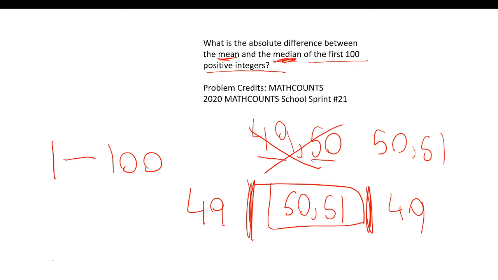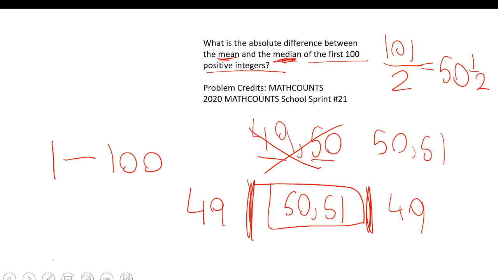Now to find the median, since we have the 2 middle elements, we just take the average. So 50 plus 51, that's 101, and then we divide by 2. So now we have 101 divided by 2. I know I'm going to have a 50, and I'm left with a remainder of 1. So I have 50.5.